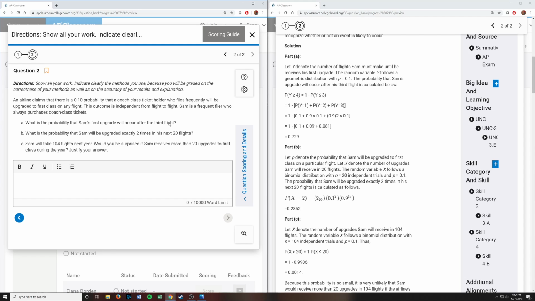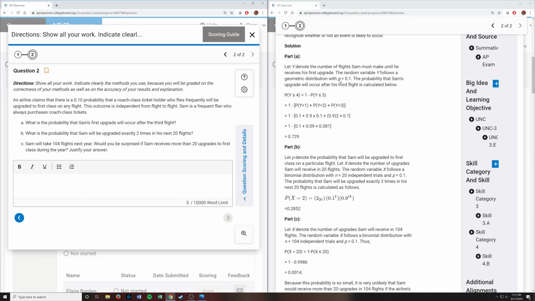Yes. There was someone that responded binomial is something they wanted to review. So this is a binomial problem. So let's let this random variable, y, it could be x, it could be whatever, denote the number of flights he has to make until he gets his first upgrade. The random variable y follows a geometric distribution. Okay, so I lied.